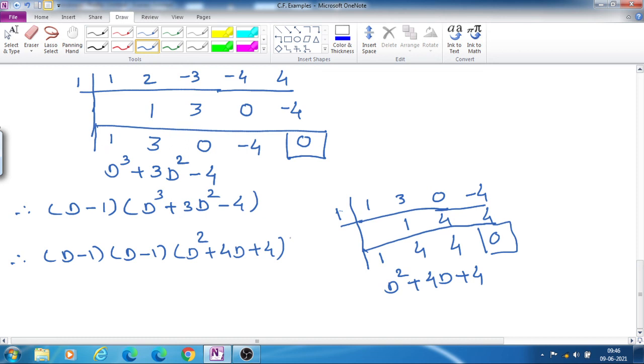Now again we have to find the factors of D² + 4D + 4, but we know that this is nothing but the square of D + 2.